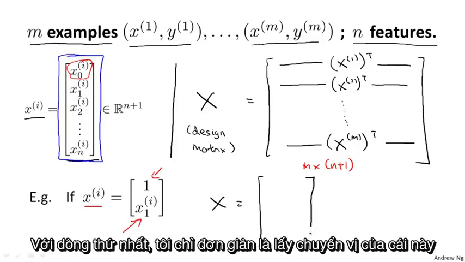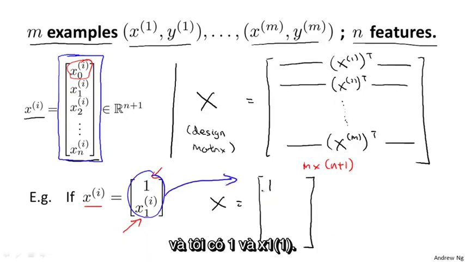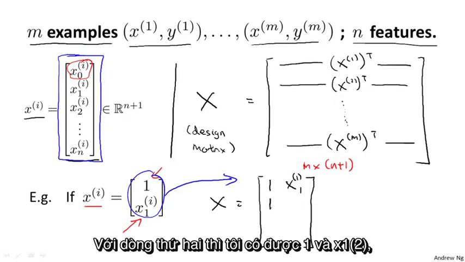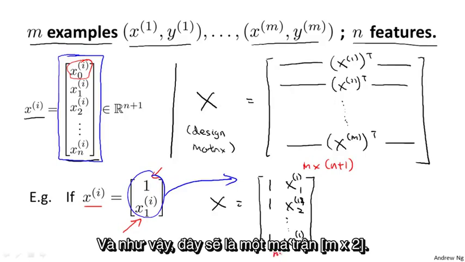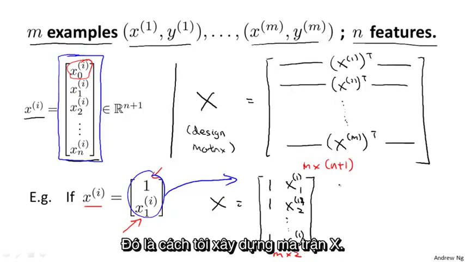For the first row, I take this vector and its transpose, so I end up with 1, and then x1(1). For the second row, I get 1, and then x1(2), and so on down to 1, and then x1(m). Thus this is an m by 2 dimensional matrix. So that's how I construct the matrix X.